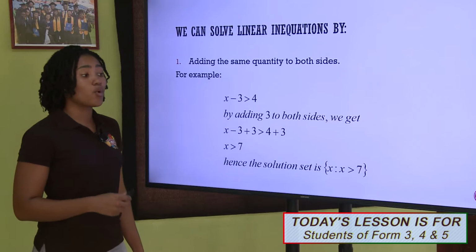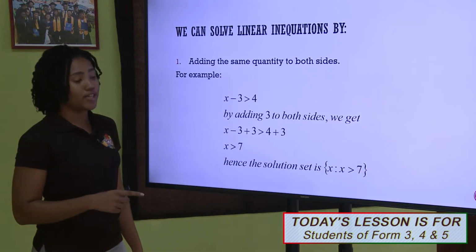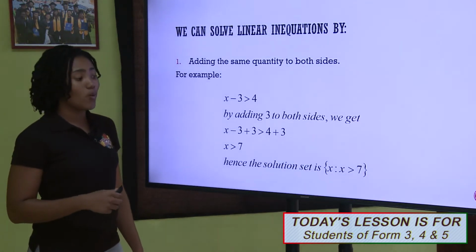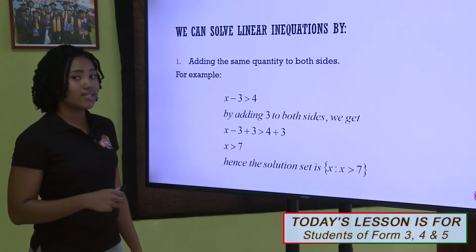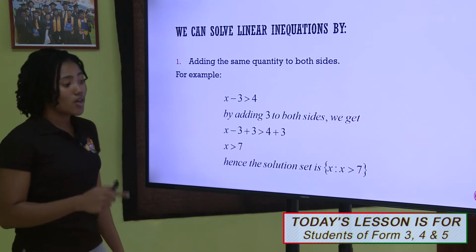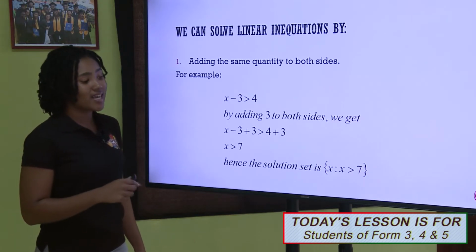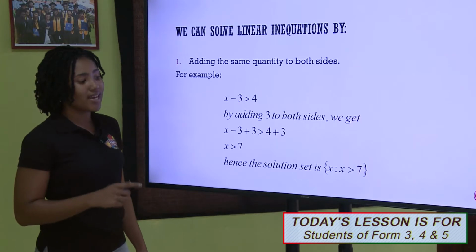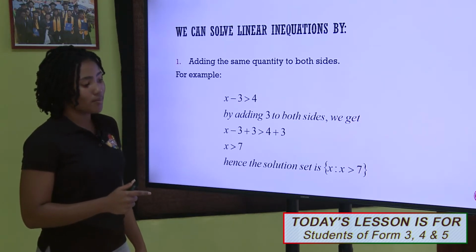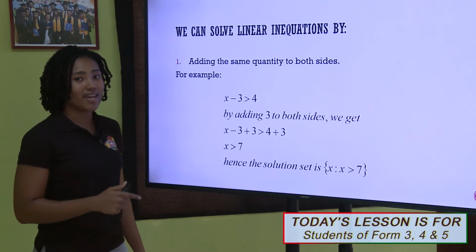By adding 3 to both sides, we get x minus 3 plus 3 is greater than 4 plus 3. When we simplify this, we get x is greater than 7. Hence, the solution set is x is such that x is greater than 7. So this is how we represent our answer. X is such that x is greater than 7.